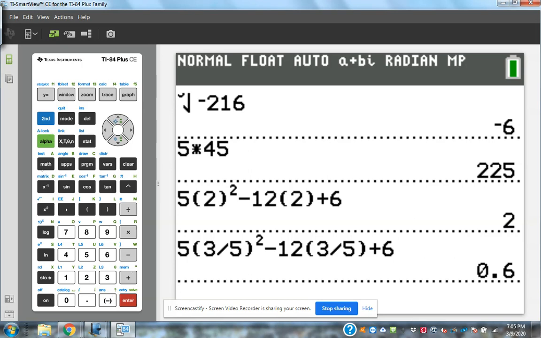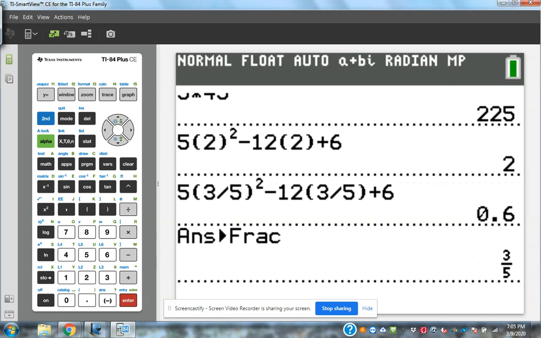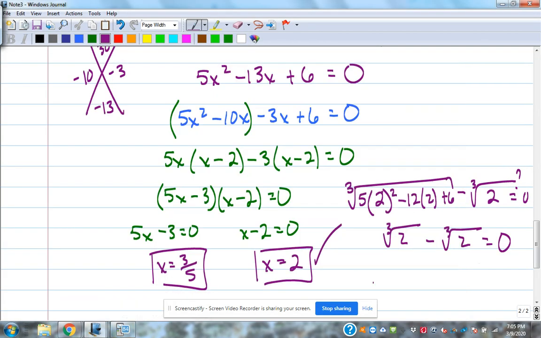Or, well, what's 0.6 is 3 over 5, isn't it? Yeah. So I've really got the cube root of 3 over 5 minus the cube root of 3 over 5, which is 0. They both check in this problem. So I'm keeping both solutions to this one, not throwing either of them out. Okay? So again, you got to check your answers to make sure that they work or don't work.